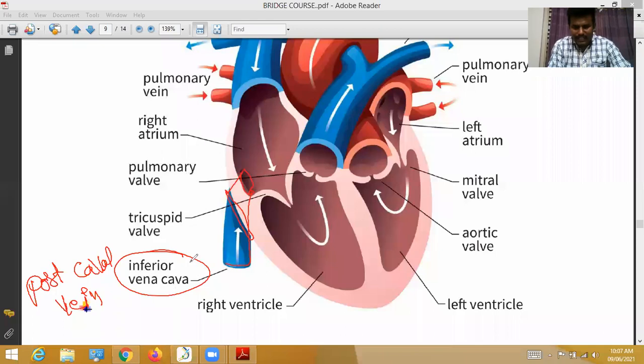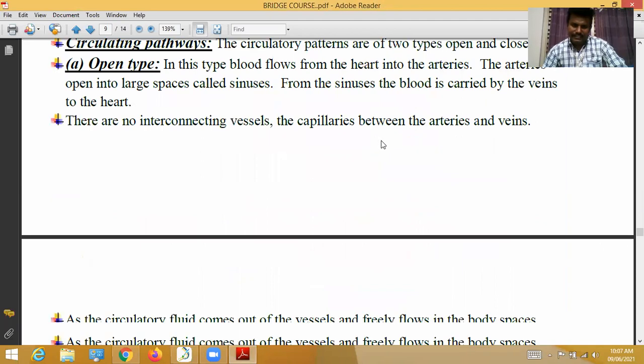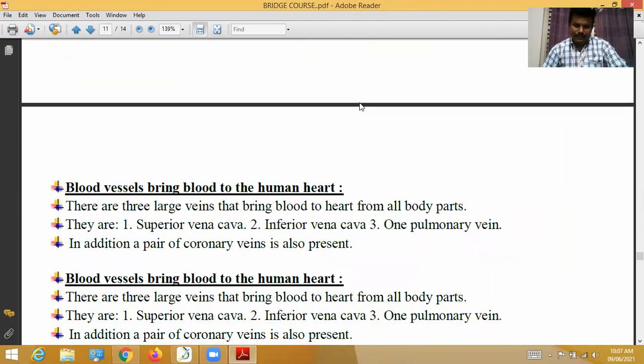It brings deoxygenated blood from lower body parts, that is abdomen, legs, torso, etc., and opens into the right auricle. That is the explanation about caval veins.